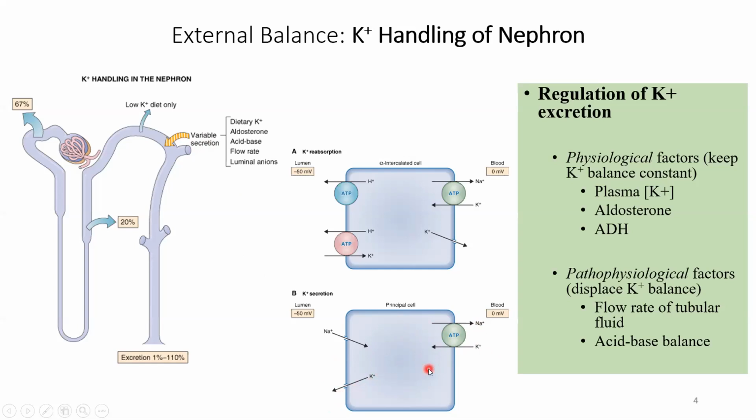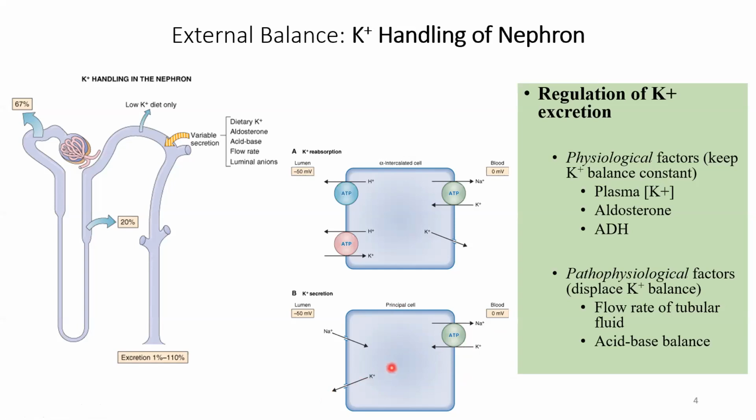Now, whatever compound or phenomenon in the blood or elsewhere stimulates this ATPase will add to the concentration of potassium inside the cell, and this gradient will be enhanced. Remember, it's all about the gradient. When this gradient is enhanced, naturally, the secretion will be promoted.